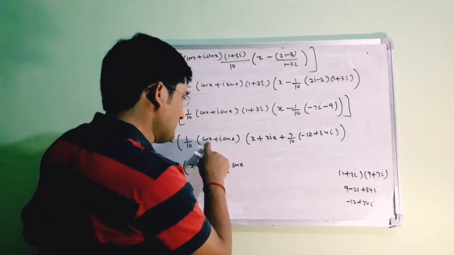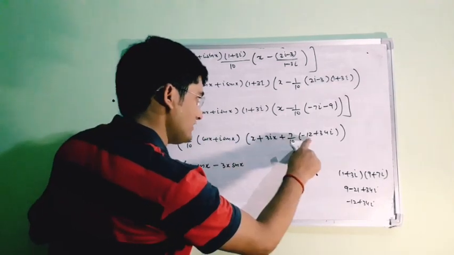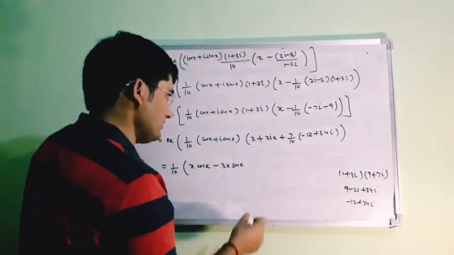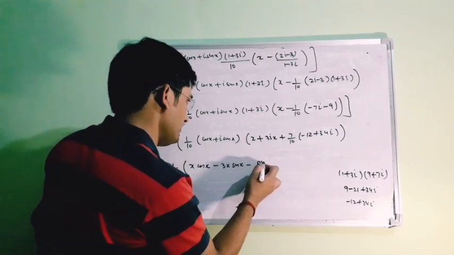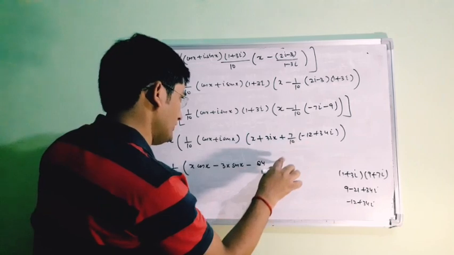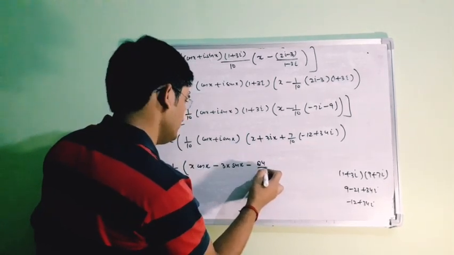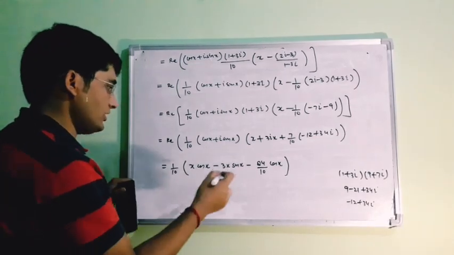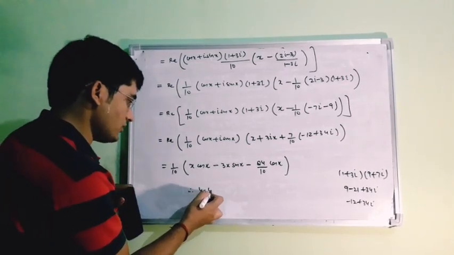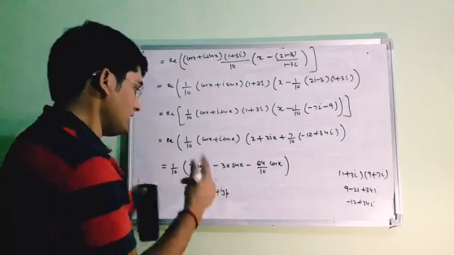Then if you multiply cos x and this term, then again we will get the real part. So we will have minus 84 upon 10 cos x. So this is your solution, and your final solution will be the complementary function plus the particular integral.